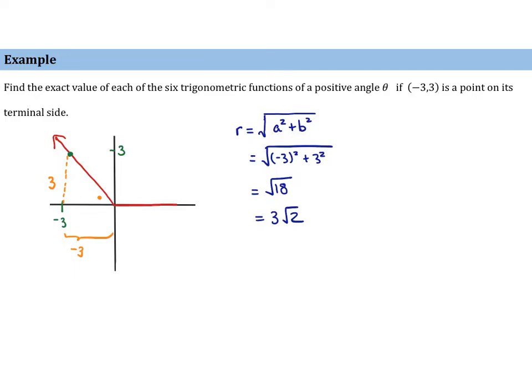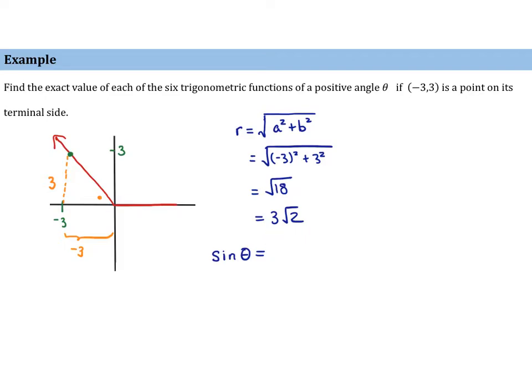So if we want to find the sine of theta, we can take B over R. And that's straight by the definition. Or you can think of it as, if we look at this angle, opposite over this length is essentially, or similar to, our hypotenuse, 3 square roots of 2.